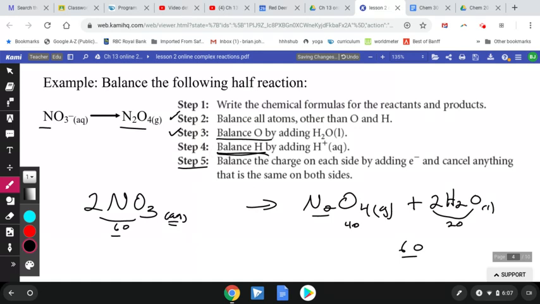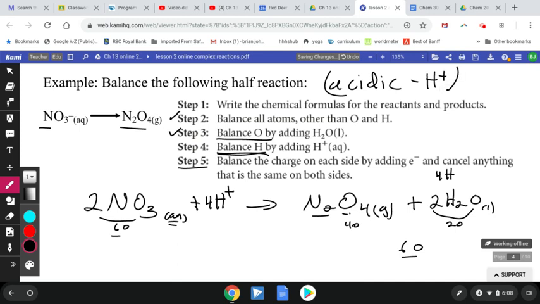Step 4, now the hydrogens, by adding H+. Let's see, what have I got? 4 hydrogens here, none there, and none here. So I need 4 hydrogens on this side. These reactions are always acidic, and because they're acidic, that means H+ is present.